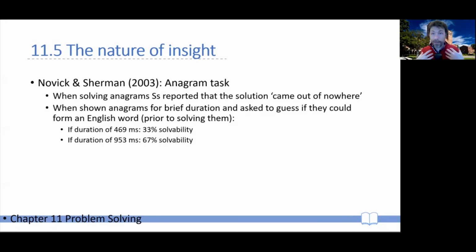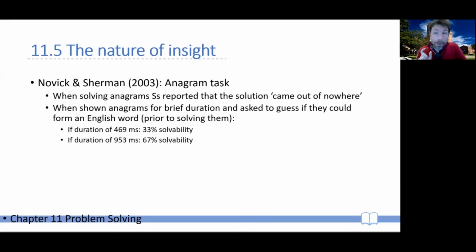So from your subjective point of view, nothing is happening, and then all of a sudden, boom, the solution occurs to you. But what this proves is that even though that's how it feels, there is some crunching of the problem going on just outside your conscious awareness. And the proof, in this experiment, is that if I give you only a little bit of time, you haven't accumulated much information, you haven't had enough time to crunch much about the problem.